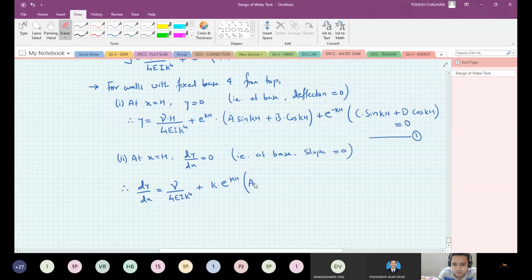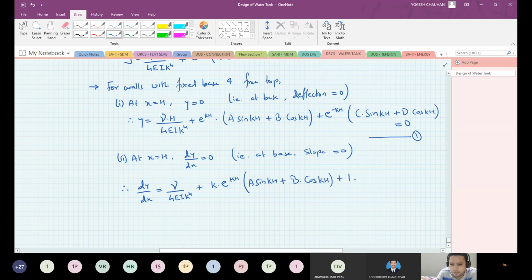So it will be (A sin kh plus B cos kh), plus now differentiate the other term and keep this term as it is.